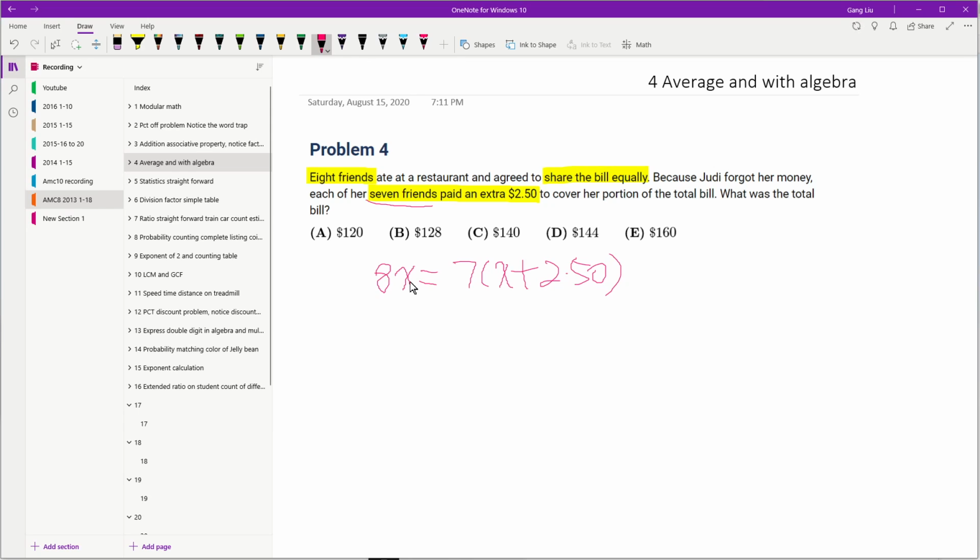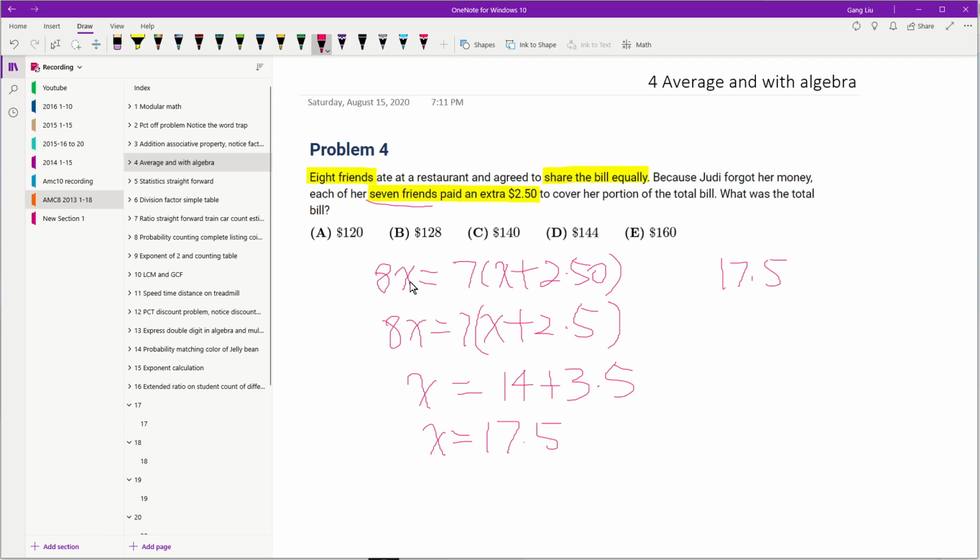And we solve this equation, 8x equal to 7x plus 2.5, and then x is equal to 14 plus 3.5. x equals 17.5. And 17.5 multiplied by 8.